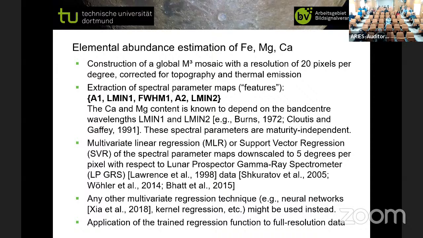And as soon as there is some correlation between them, these regression techniques, not only the classical multivariate linear regression, but also more advanced real machine learning methods like support vector regression, are able to construct a model, not a physical model, but a numerical model to provide the target variables in dependence of the input data. One could also use neural networks. Others have done that before. Here, Xia et al. 2018.